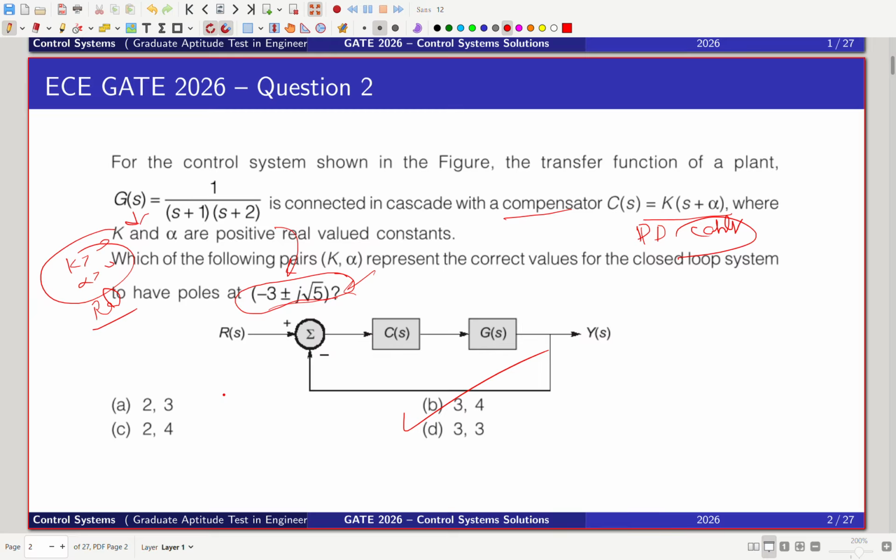That's all, and this question was very simple. We just need to compare the given second order characteristic polynomial and find the solution. So that's all for this question. I hope you understood. Yeah, that's all.